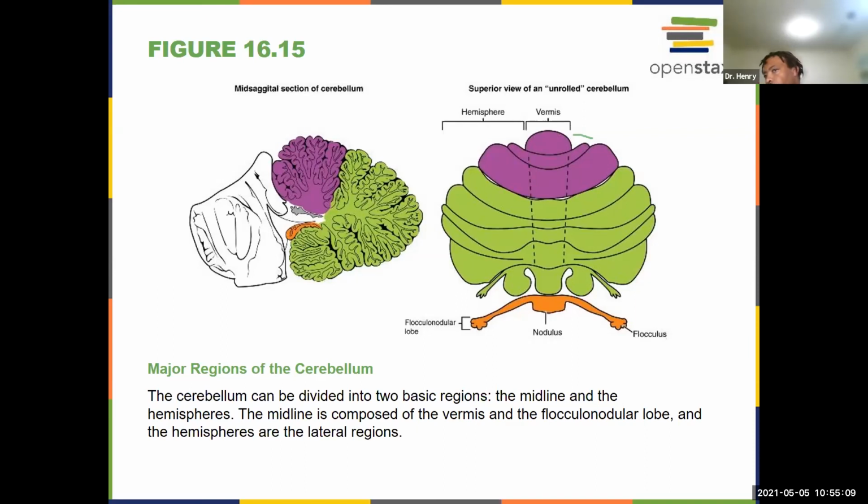Okay, so these are the major regions of the cerebellum. We have the midline and the hemisphere.